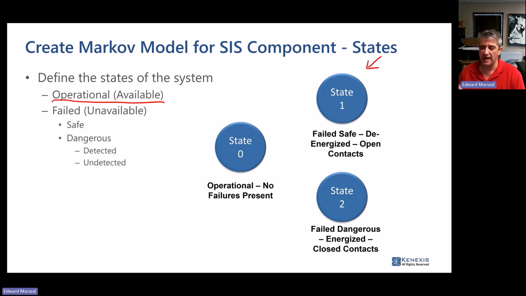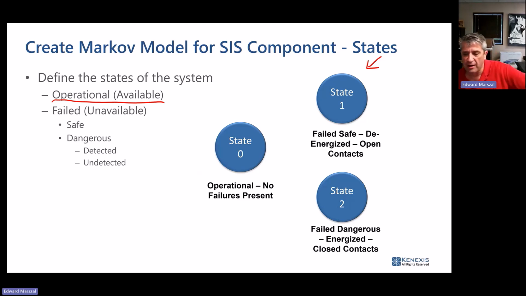Now, there may be a lot of different physical things that can happen to cause you to go into the de-energized state where your contacts are open. So maybe you disconnected your power. Maybe your solenoid coil has gotten a lot of short circuits and it's not creating enough magnetism to close the circuit anymore, and then the contacts go open.